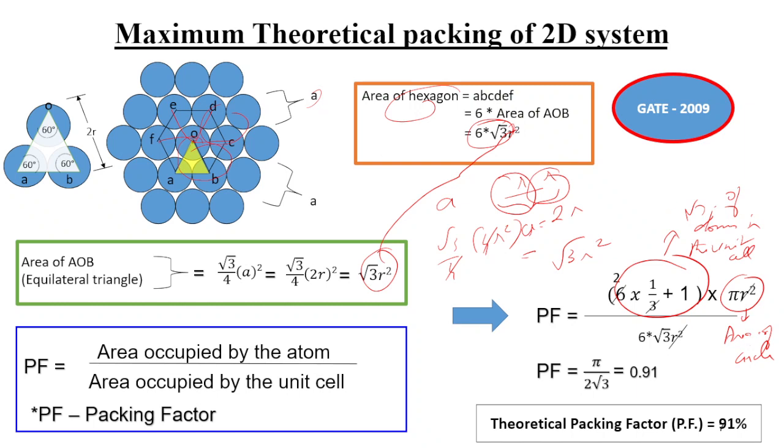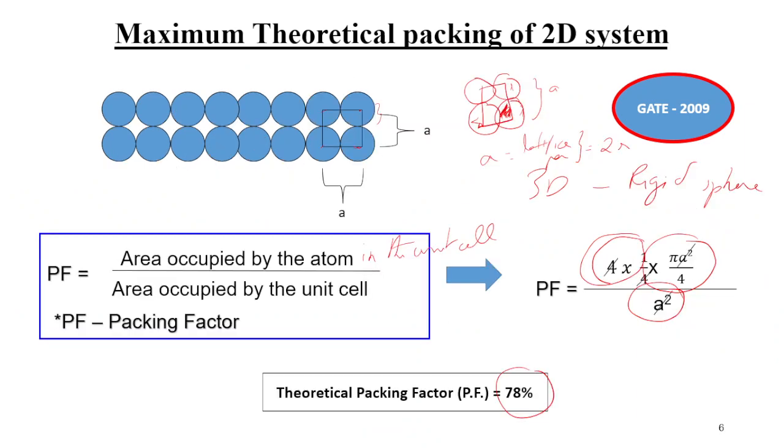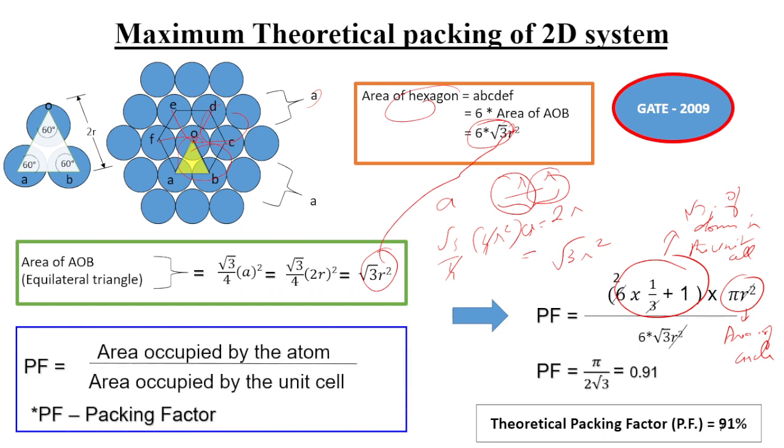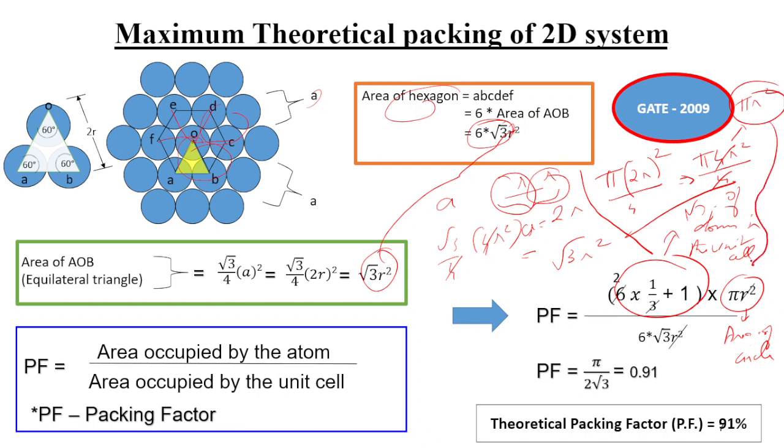We already know it's pi a square by 4. Here instead of a we put 2r, so it is pi into 4r square by 4. The 4 gets cancelled, remaining only pi r square, and that is what is kept over here.